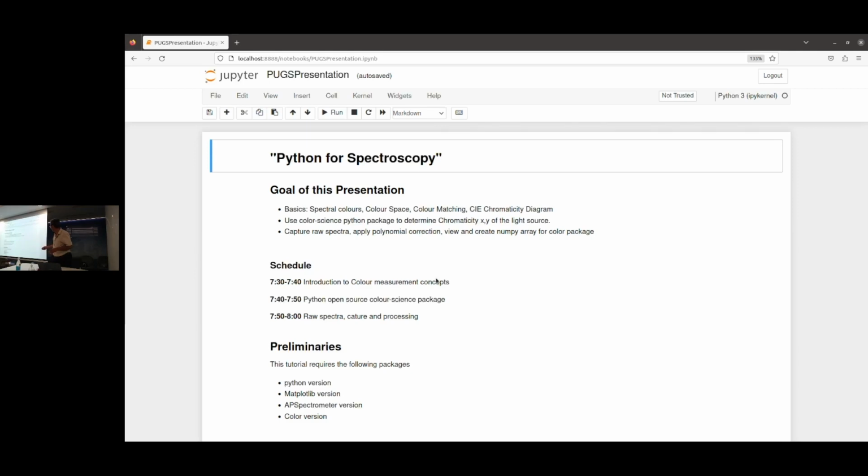And the last part of the presentation is about the hardware that goes with capturing spectra, which is what feeds this package and does the rest of the processing. So if you have any questions along the way, feel free to interrupt me.